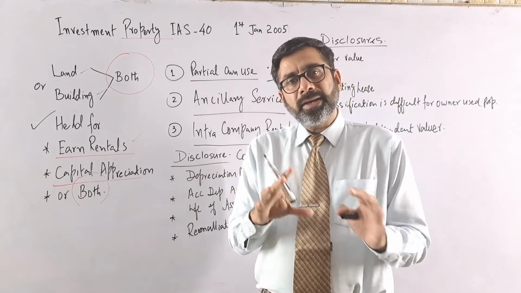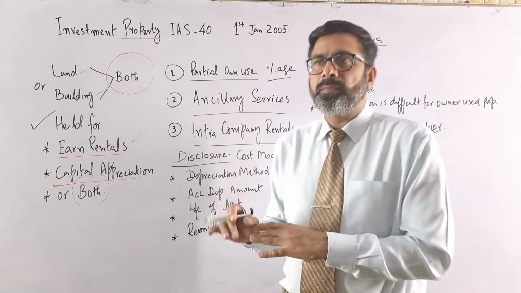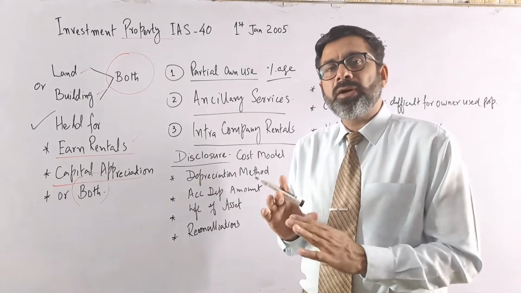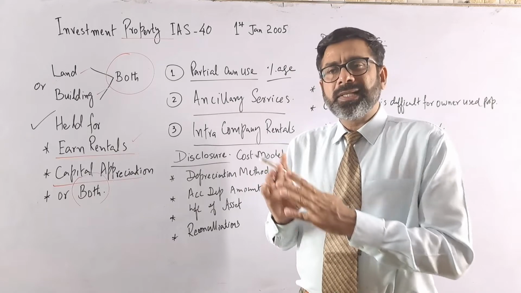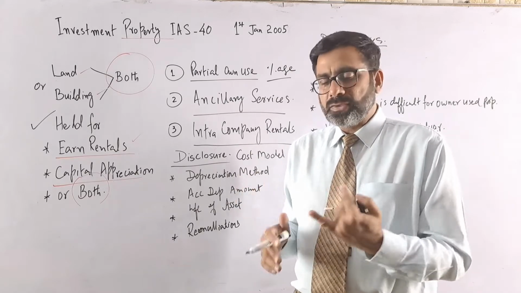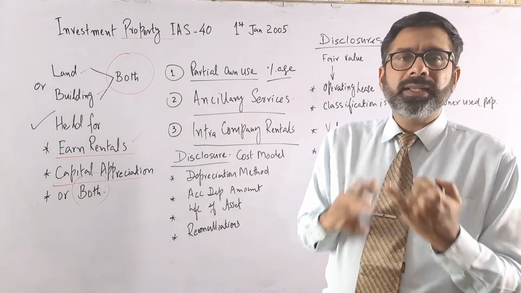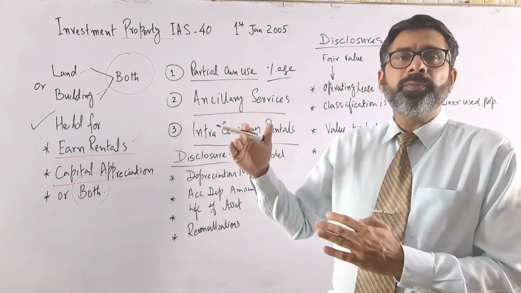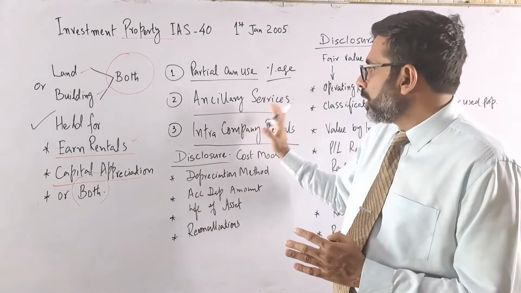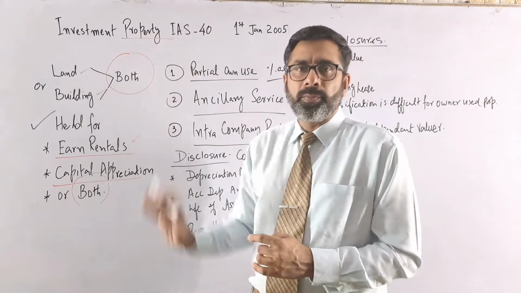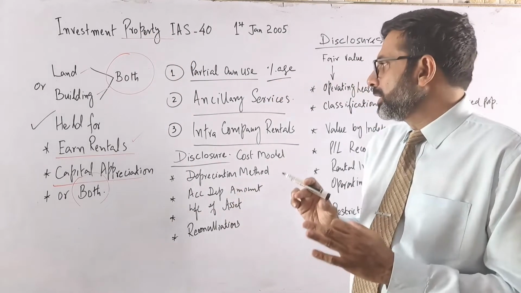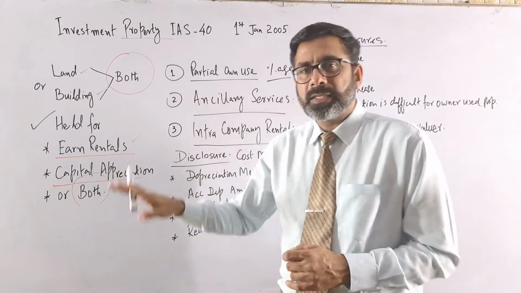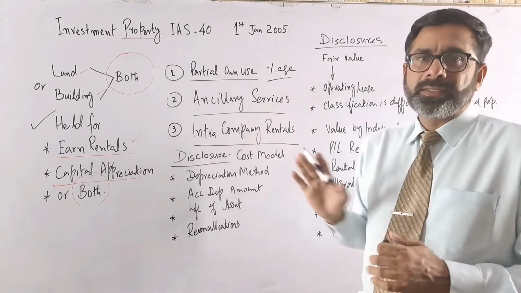If the value of the rental is the major portion, then obviously we have to record it as an investment property. But if the value of the rental service is like 20-30%, and the other services, like providing internet, electricity, security or any other service, make up like 80%, then it should not be recorded as an investment property. Investment property should only be recorded when the rental value is more compared to the ancillary services.